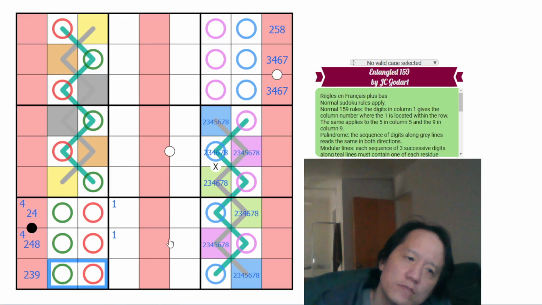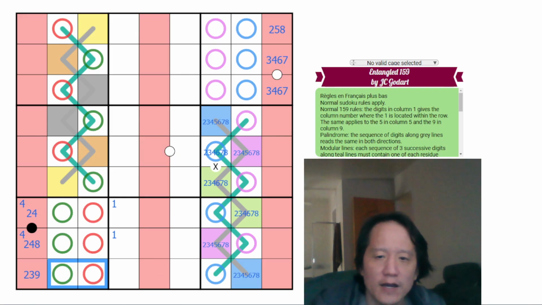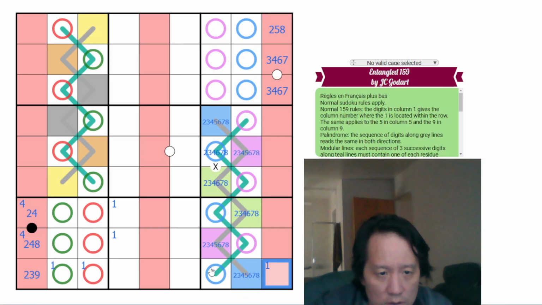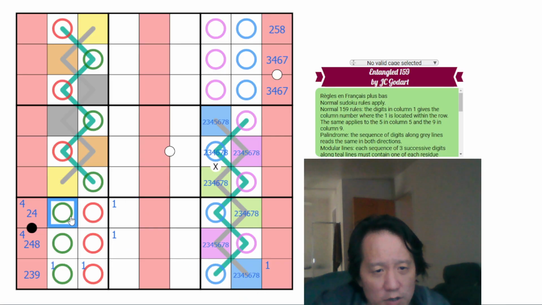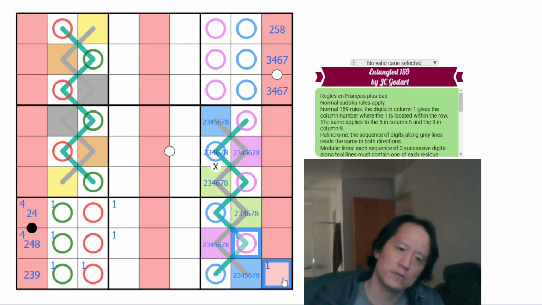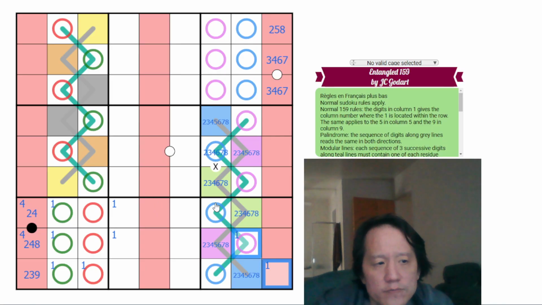Okay. If the 1 is here, that means this is 8. Which means this is 2, 4, which means this is 3 or 9. So the 1 has to be here or here. The 1 could also be here, or it could be here. Oh, interesting.